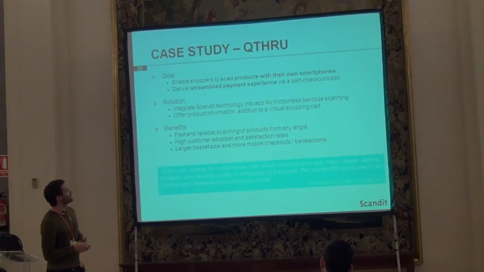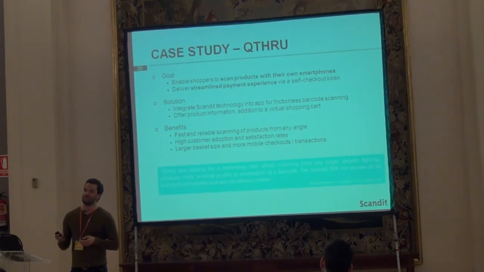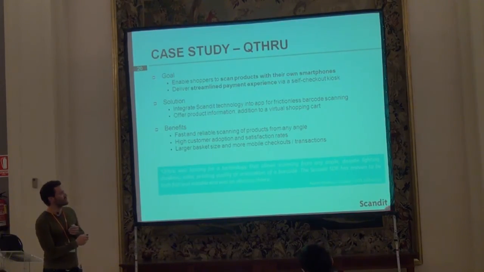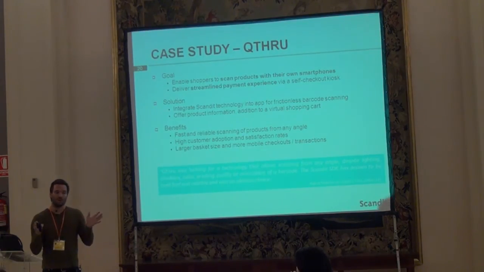So let's have a quick look at self-checkout, looking at the example of Q-Through, an innovative Seattle-based startup that provides an entire self-checkout, self-scanning system to retailers. Q-Through leverages our scanning technology to offer a comprehensive self-checkout solution to retailers.